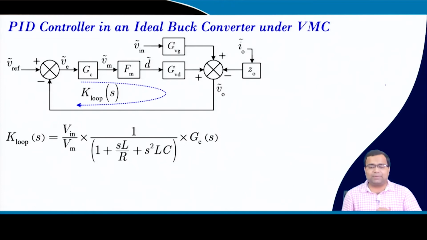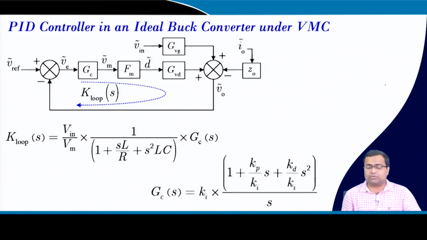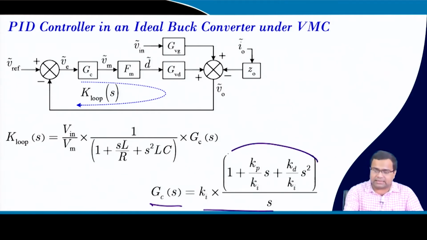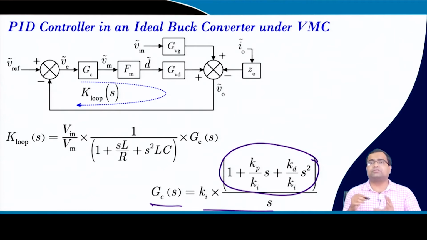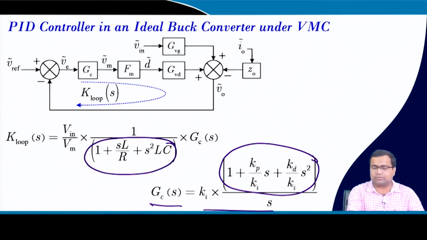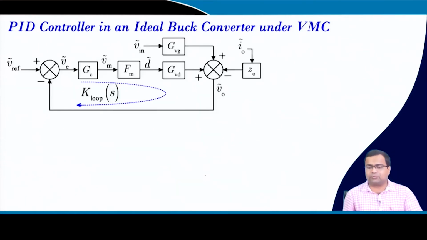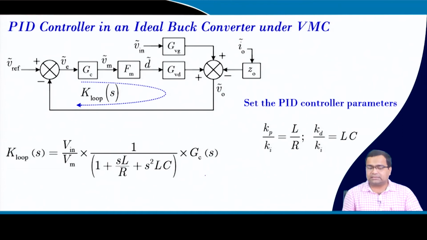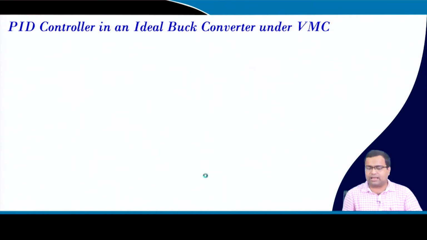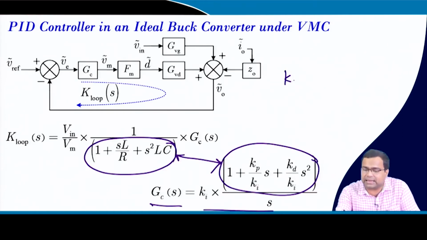Now, if you want to compensate this, what should we do? The controller transfer function can be written like this, and we need to cancel using this. Suppose we are going for stable pole zero cancellation, and we want to cancel these two terms. If you do that cancellation, then from the polynomial you can find that Kp by Ki, which is this term, will be equal to this term.